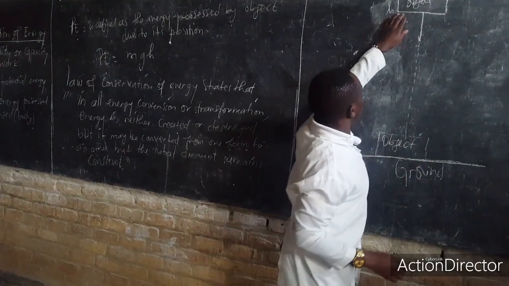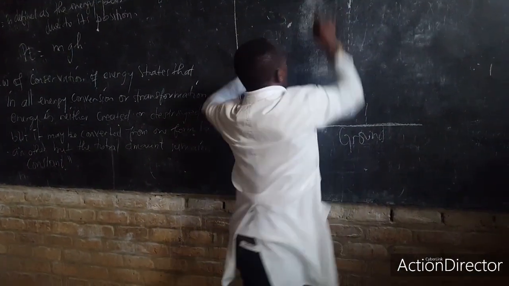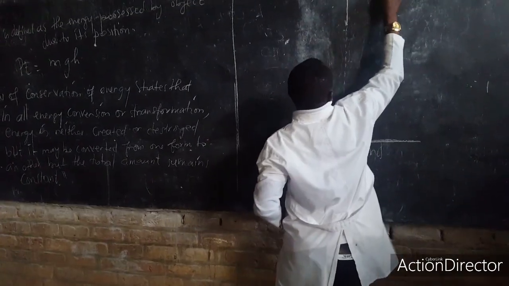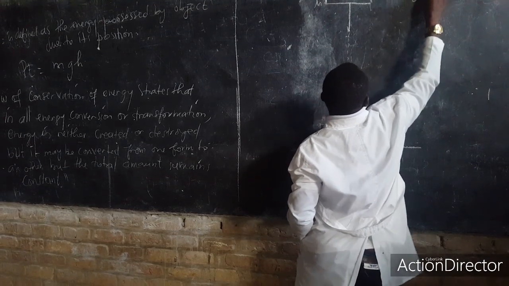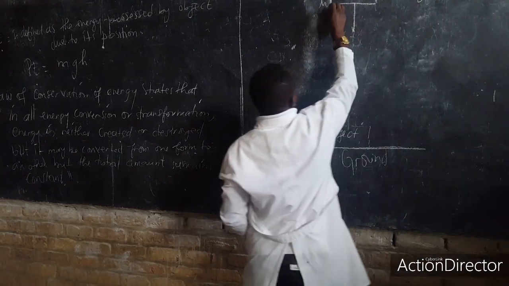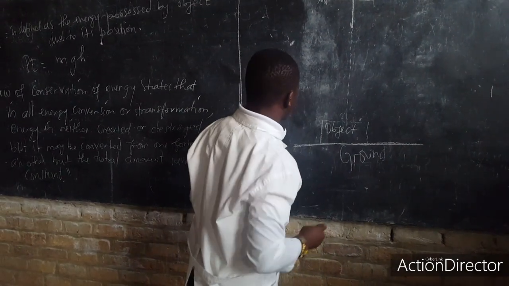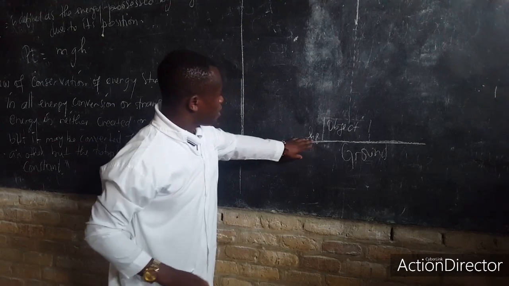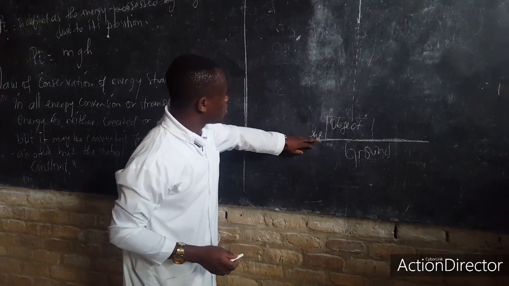When our object was here at our height, the potential energy at this point is maximum, where it is mgh. Let us suppose that our height here is the initial height, and we have h final, the final height. At the ground, height will be equal to 0.